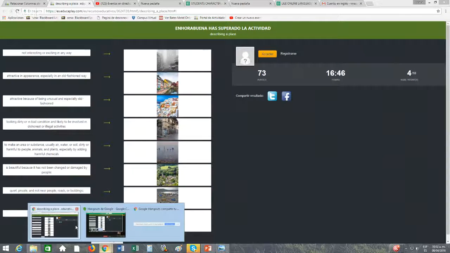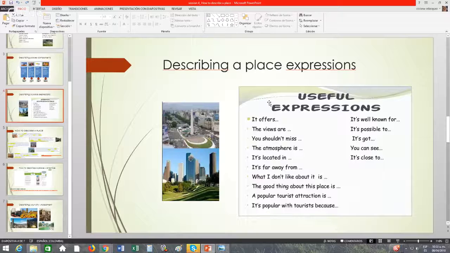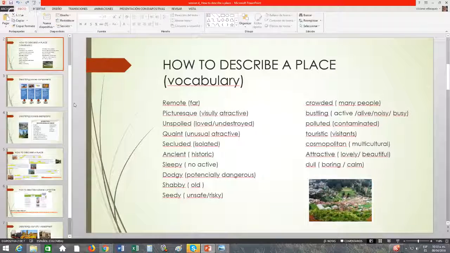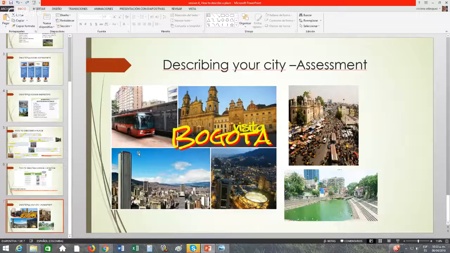Yes. Excellent. Okay, so now the evaluation part. I need you, please, in 1 minute, using expressions like this and the vocabulary we worked on before, to describe one city or one country, any place you want, okay? In 1 minute, using the description.